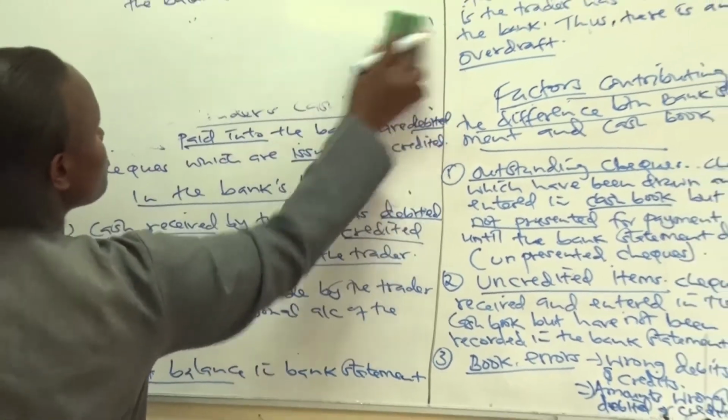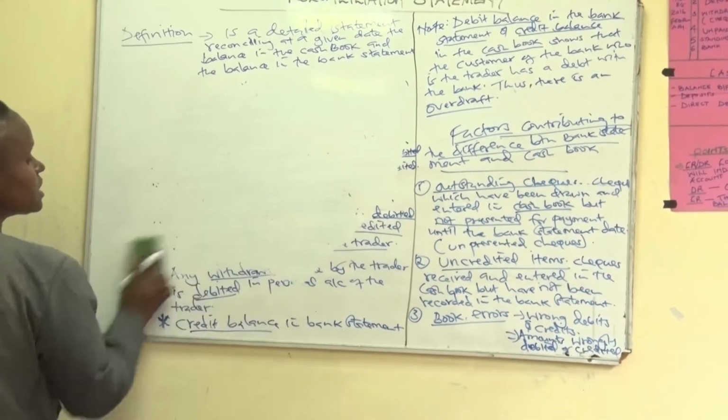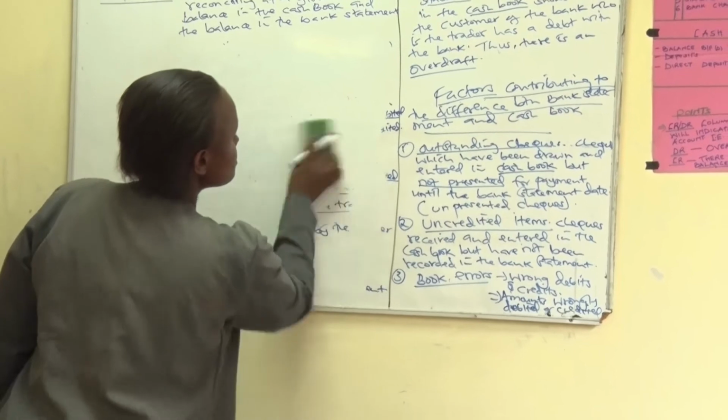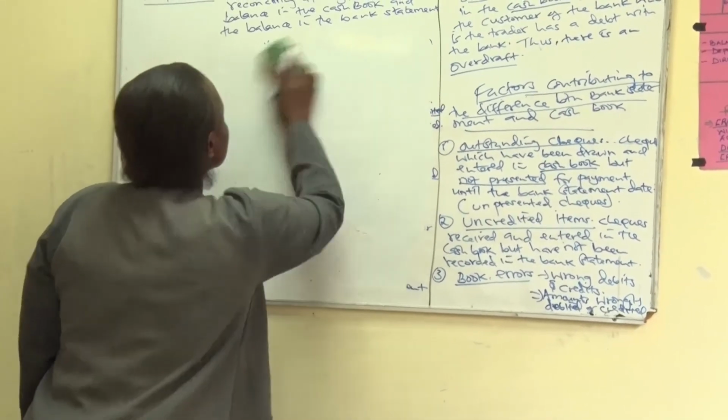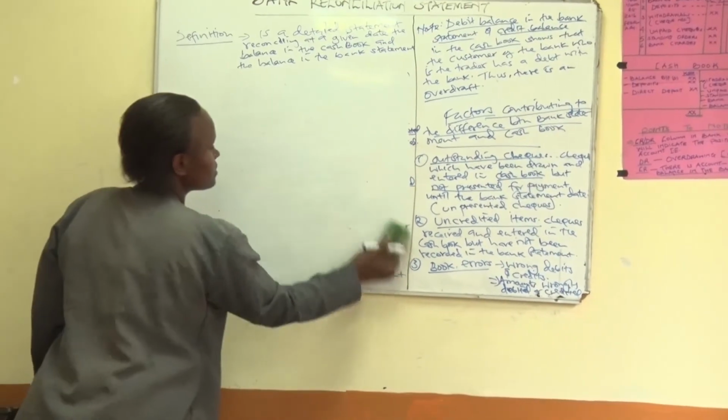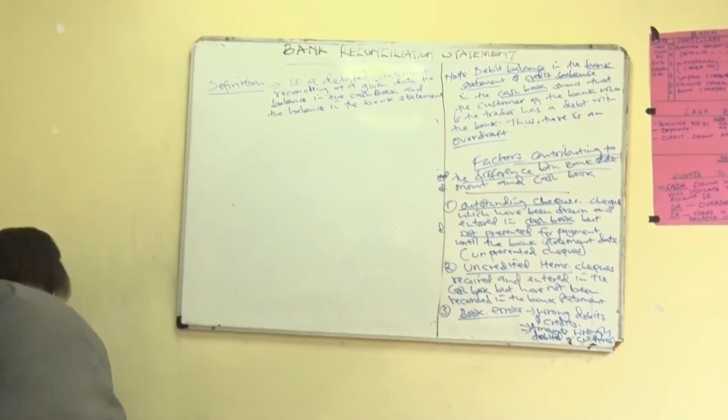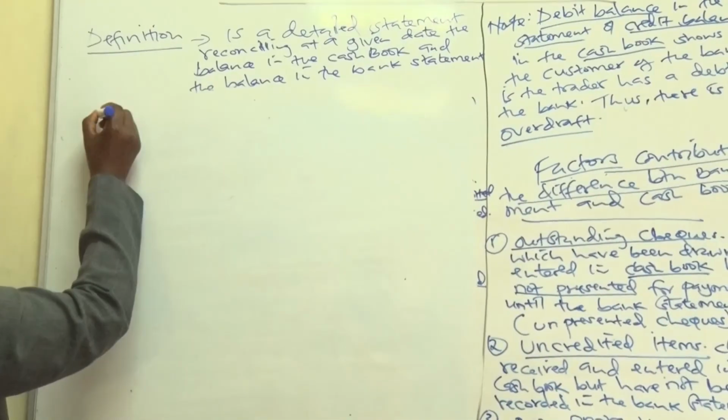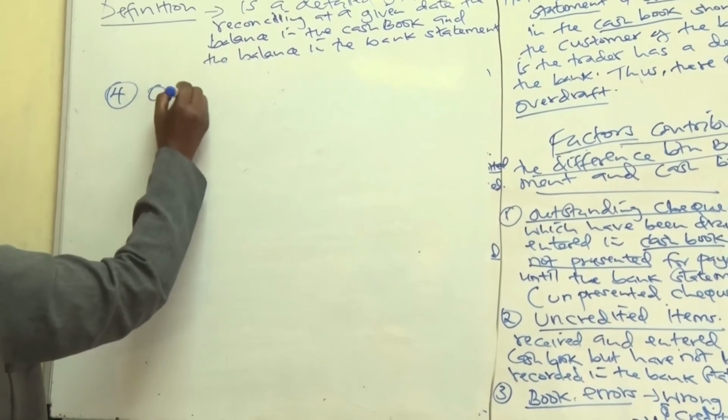Another factor is the omissions. The ones which are in the bank statement are omitted in the cash book. You forget to record them in the cash book. So we call them omissions.